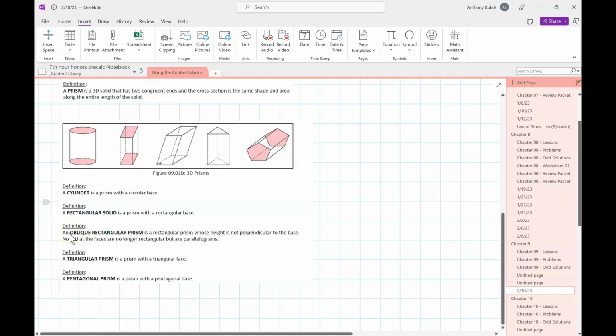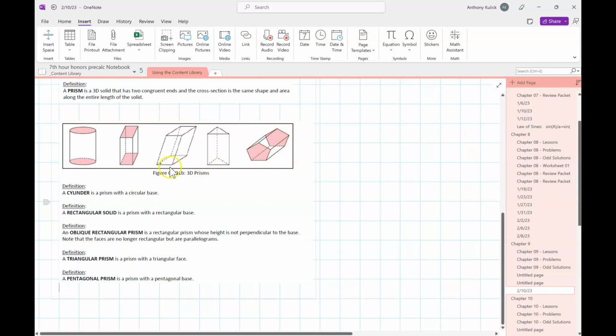Oblique, like your abdominal muscle. So if the height of the figure is not perpendicular to the base, we call that oblique. This guy is another triangular prism. And what's this? Yeah, that's a pentagonal prism.